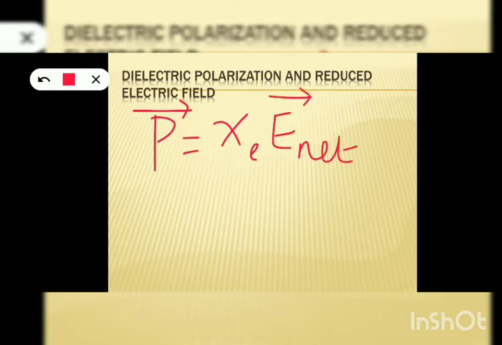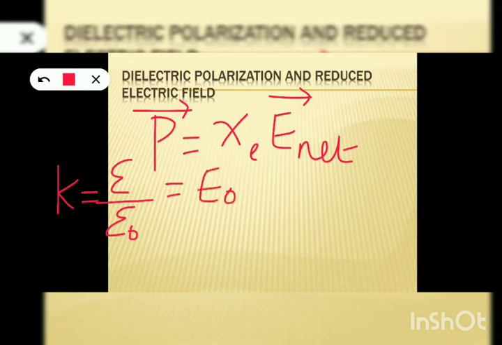Also, we have studied our dielectric constant K is equal to epsilon by epsilon naught. Similarly, we have one more relation, that is dielectric constant K is equal to applied electric field E0 by the net electric field E net.